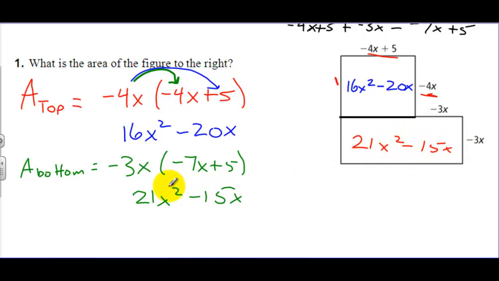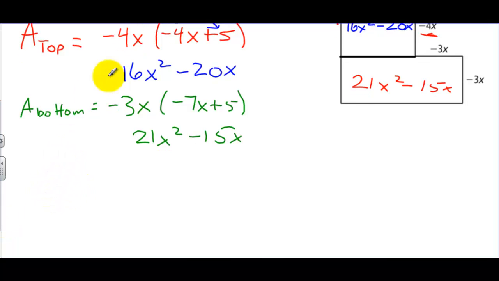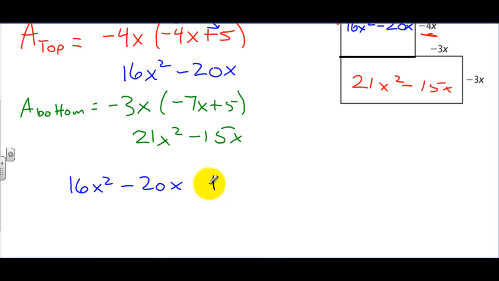So to find the area of this entire big irregular shape, I'm going to add together the areas of the two rectangles. So we have 16x squared minus 20x, plus, and usually we'll put polynomials in parentheses, 21x squared minus 15x.